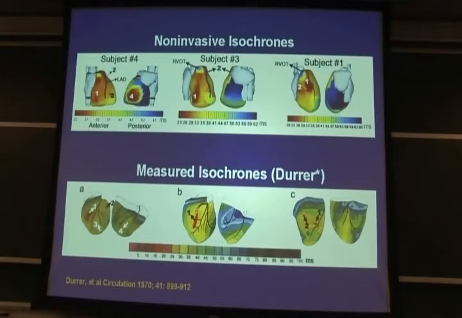And then it goes around the heart and from apex to base and activates last the base of the left ventricle. And you can see the correspondence between this invasive image in the isolated normal heart and our non-invasive reconstruction that shows a similar elongated region parallel to the LAD, and then the last area to activate at the base of the left ventricle. So that's normal activity.